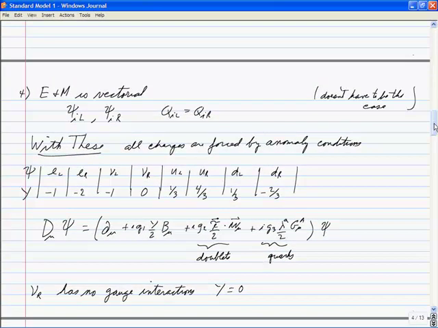Since the charge assignments come out that it has no gauge interactions, if when we write out the Yukawa interactions, the Higgs boson interactions, you also set its coupling there to 0, then it doesn't couple to the Higgs either, and therefore you could throw it away. So it has no coupling to anything. It could exist or it could not exist.